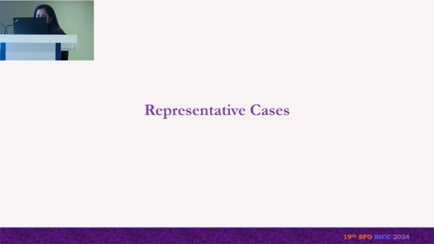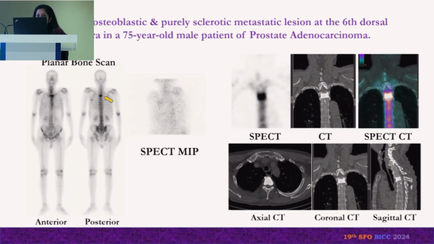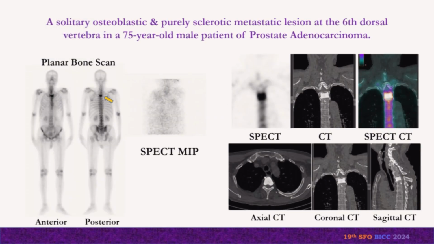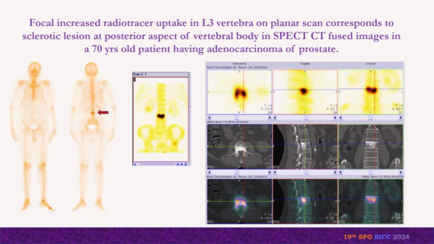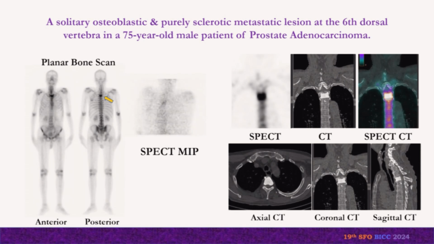Now I want to show some representative cases. In the planar bone scan, there is a focal tracer uptake at the 6th dorsal vertebra. Then we perform SPECT-CT in the region of interest, that means in the chest. There is a solitary osteoblastic, purely sclerotic metastatic lesion at the 6th dorsal vertebra in a 75-year-old male patient with prostate adenocarcinoma.